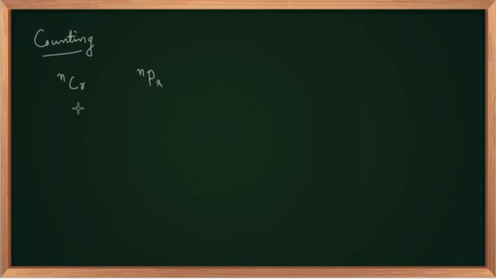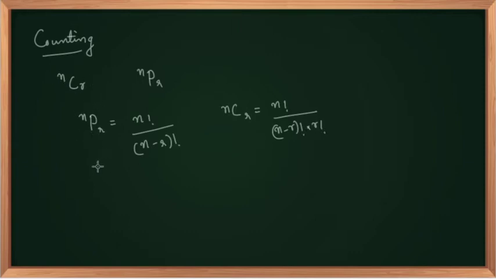Okay, so the formulas we can use for this are nPr is equal to n factorial divided by (n minus r) factorial, and nCr is given by n factorial divided by (n minus r) factorial into r factorial. Okay, so these two fundamental equations we will be utilizing in solving all the problems based on counting.